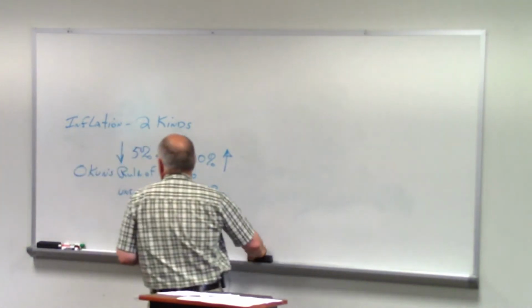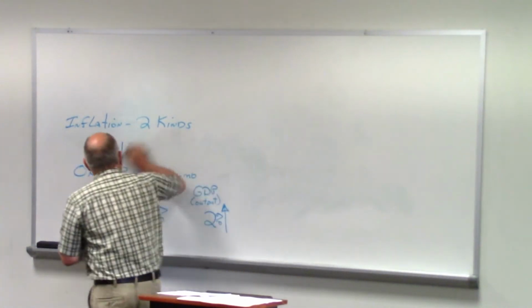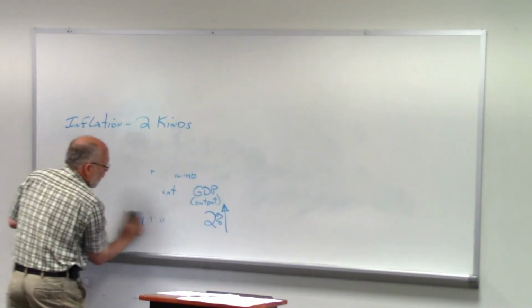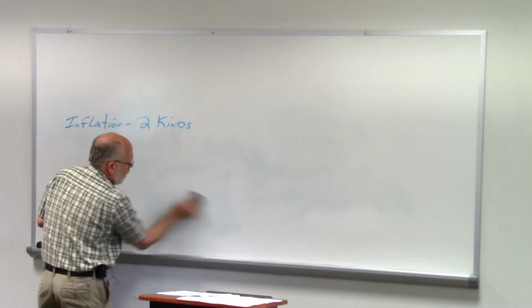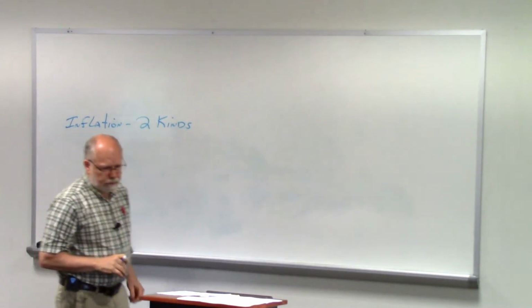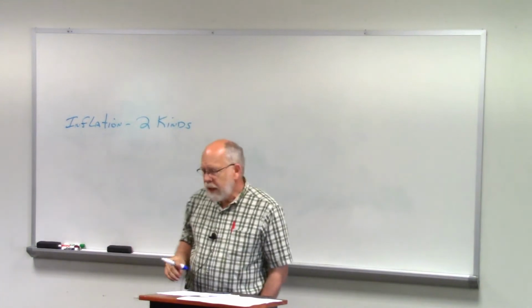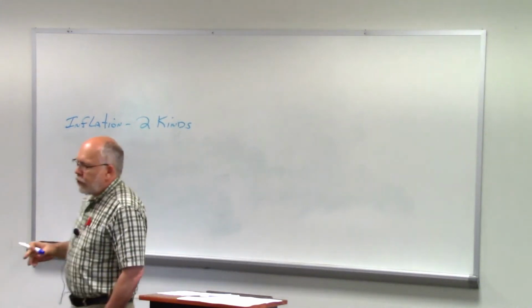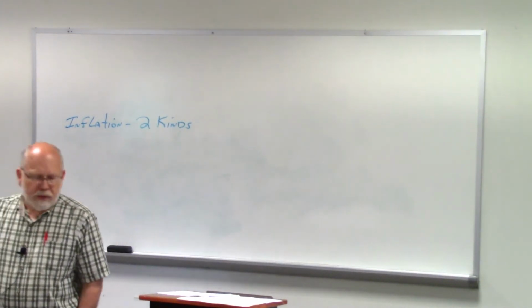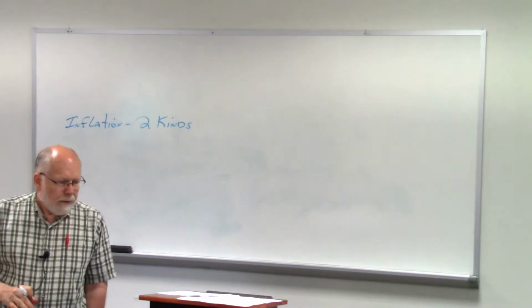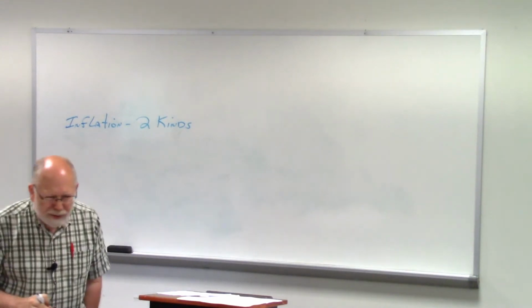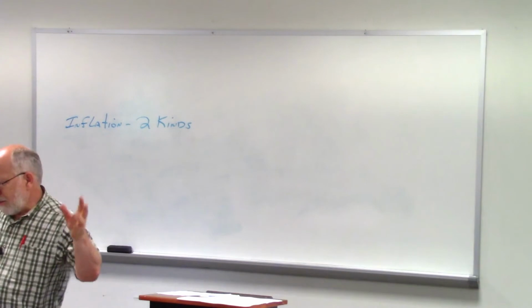Okay, now let's go to a bigger topic, a longer topic, and that's called inflation. In microeconomics, if we choose to raise the price of our product or decrease the price of our product, that has nothing to do really with the big picture of things.